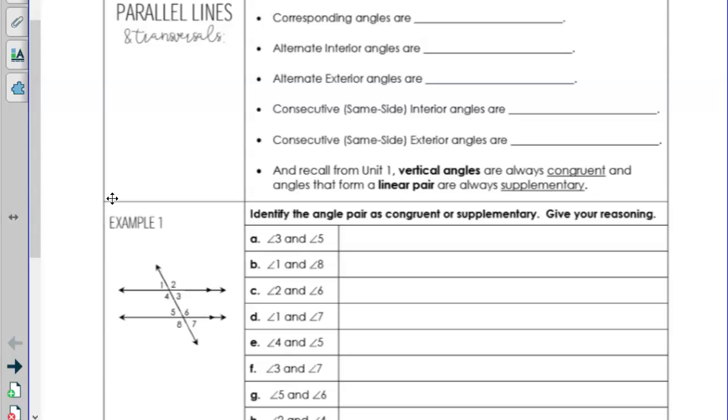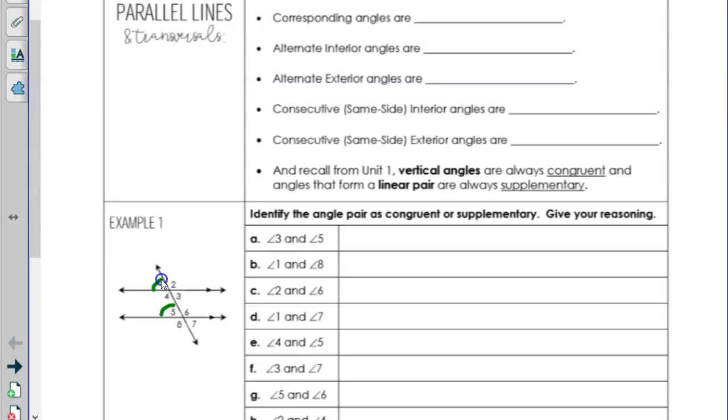If you look, do you see how we have angle 1? What's the corresponding angle to angle 1? 5. 5, right? Do you see how both angle 1 and 5 are acute angles in this figure?